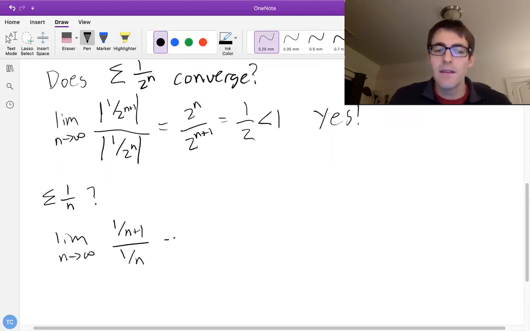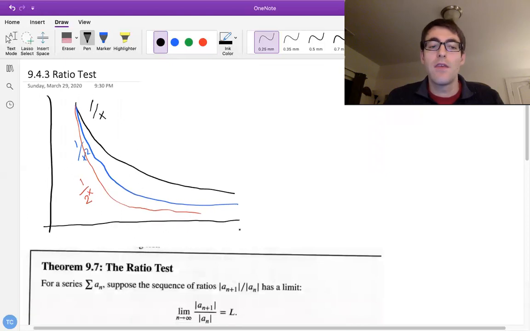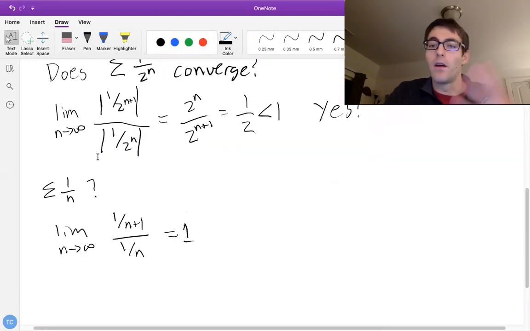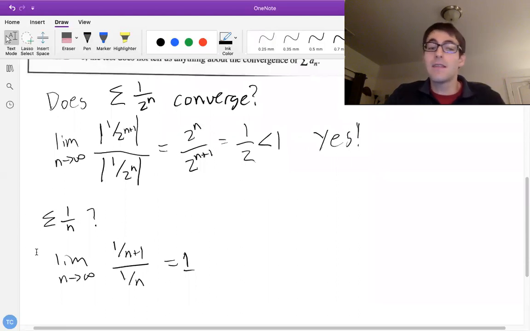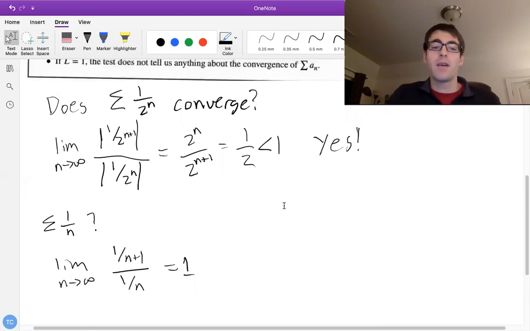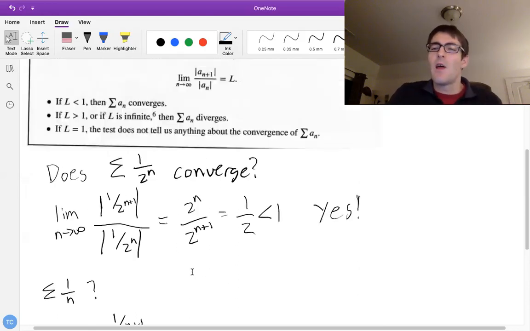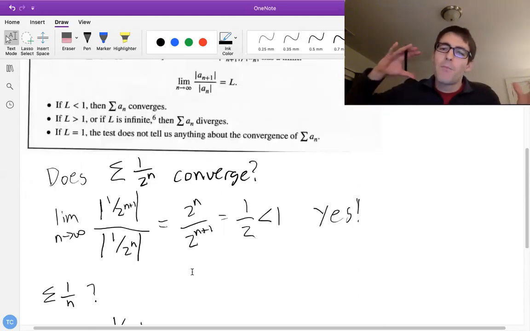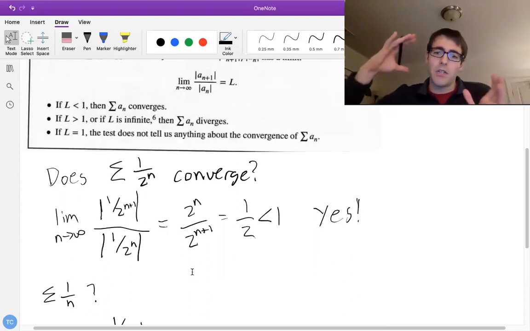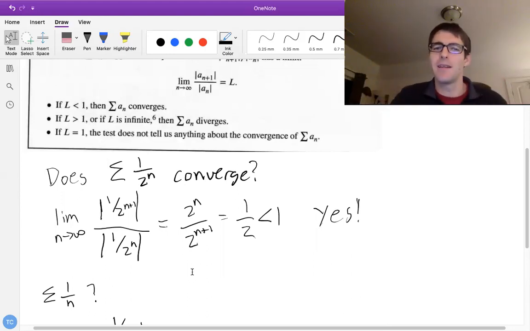This limit ends up equaling 1. And the same thing happens for the n squared version. So this thing ends up diverging, and a very similar looking one ends up converging. Because they both equal 1, they're in that approaching-zero speed range that doesn't actually tell us anything.